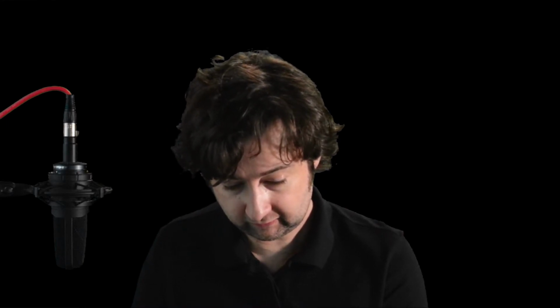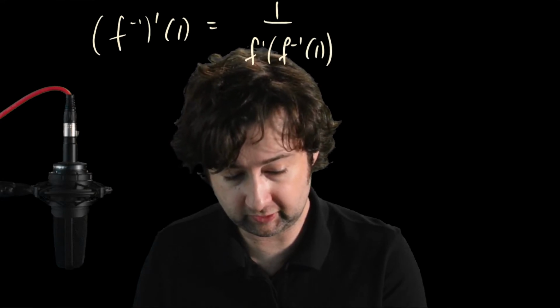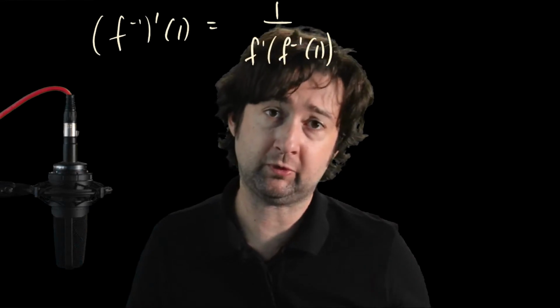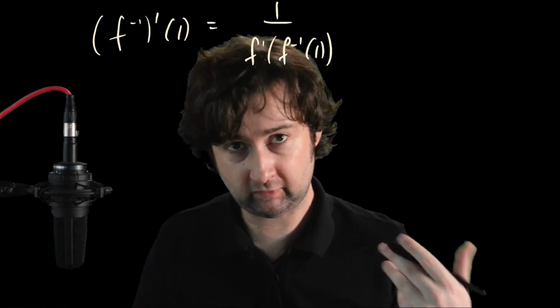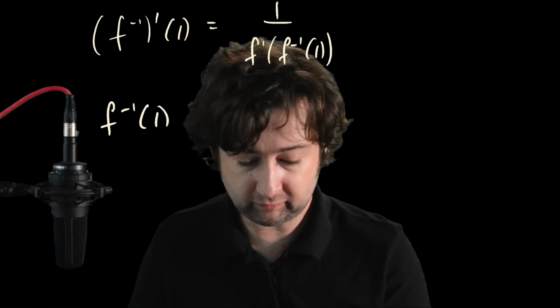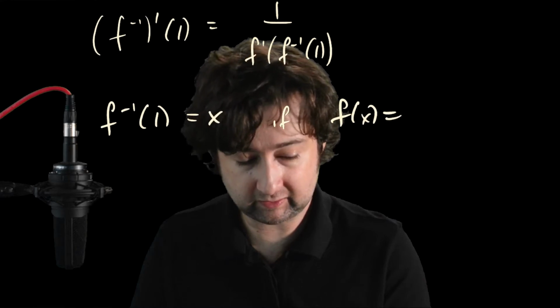What we were tasked with finding was f inverse prime of 1, and I know that that's equal to 1 over f prime of f inverse of 1. So at least I need to know f inverse at one value. That could be approximated numerically or by inspection if you have an easy enough formula. So remember that f inverse of 1 is equal to x if f of x is equal to 1.